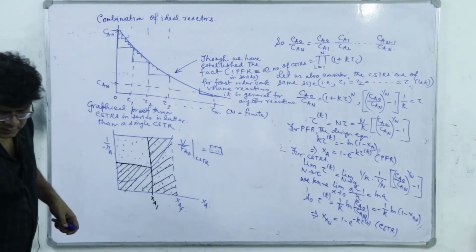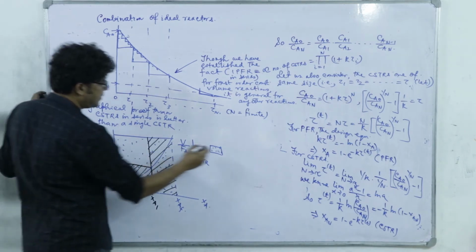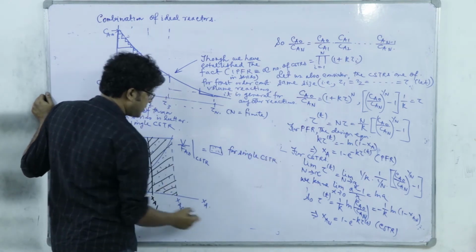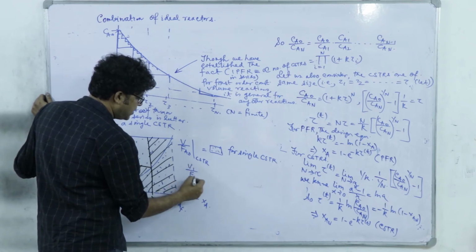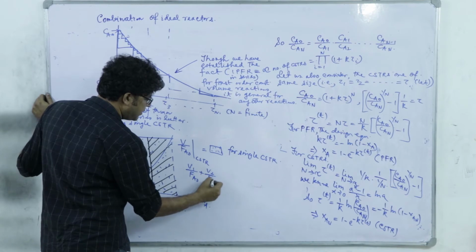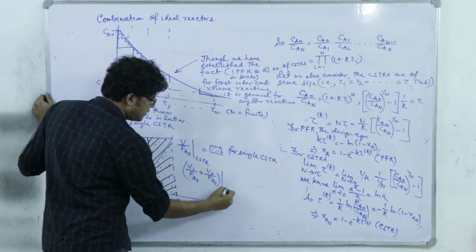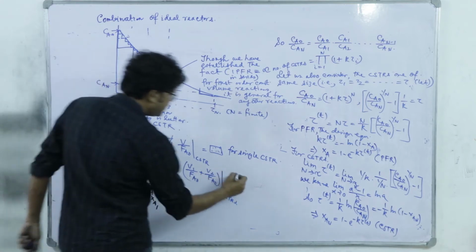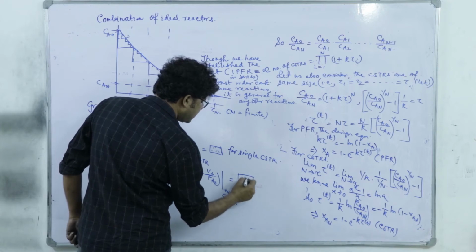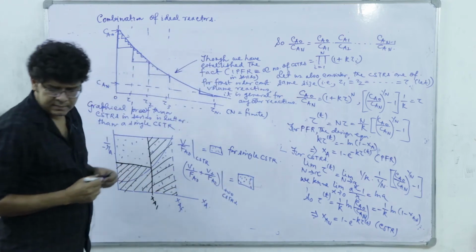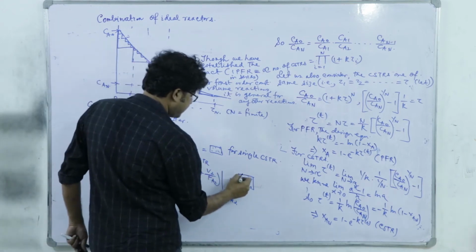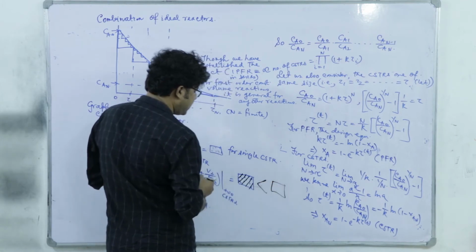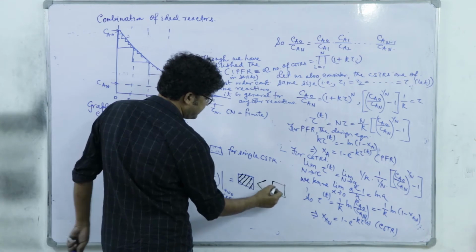Right. So for this is for single CSTR. Now V1 by Fa naught plus V2 by Fa naught, 2 CSTRs will have this area, which is lower than the only dotted area.